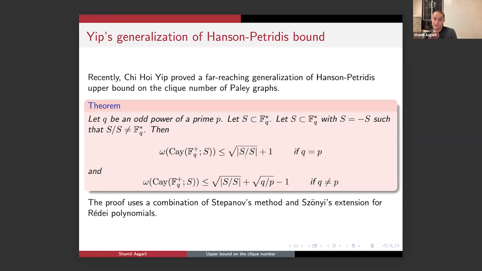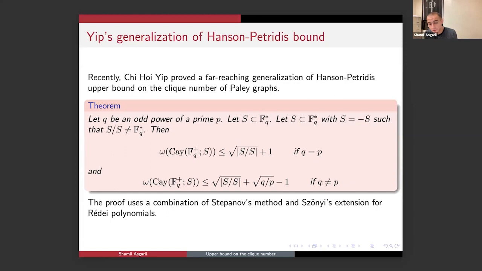In particular, look at the case when S comes from the union of cyclotomic subfields. Chi Hoi has a corollary you can specialize to that case, and then you get upper bounds on the cyclotomic graphs. So there might be something there to investigate.